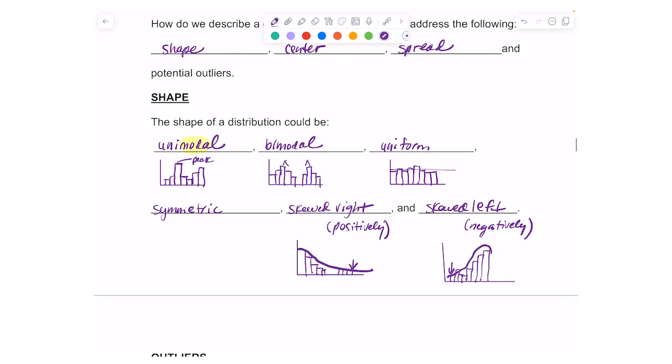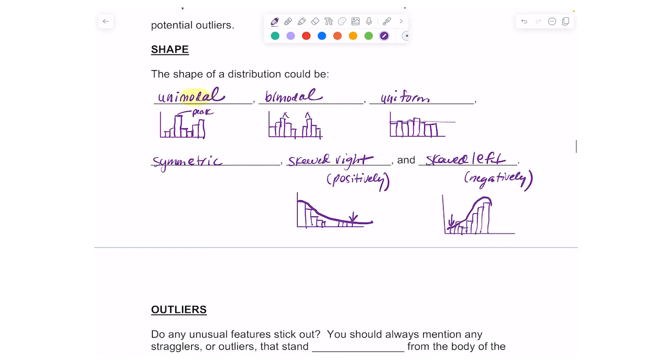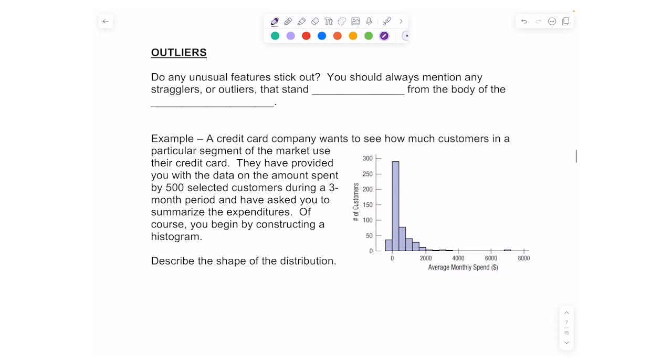So those are the different shapes that we can have for distributions. And we're going to study those shapes. Something else we want to look at are, as I mentioned earlier, outliers, which are just values that are away from the rest of the data, right? They're usually extreme values. And they stand away from the distribution.